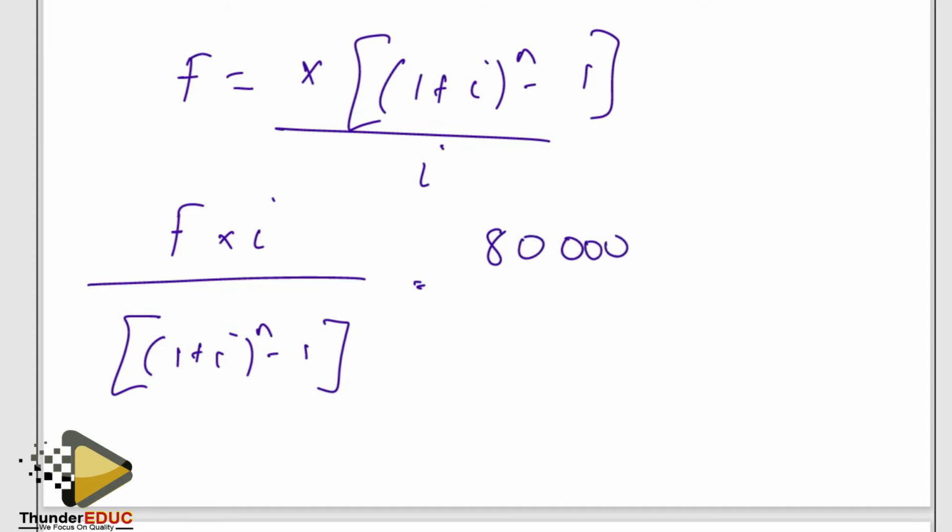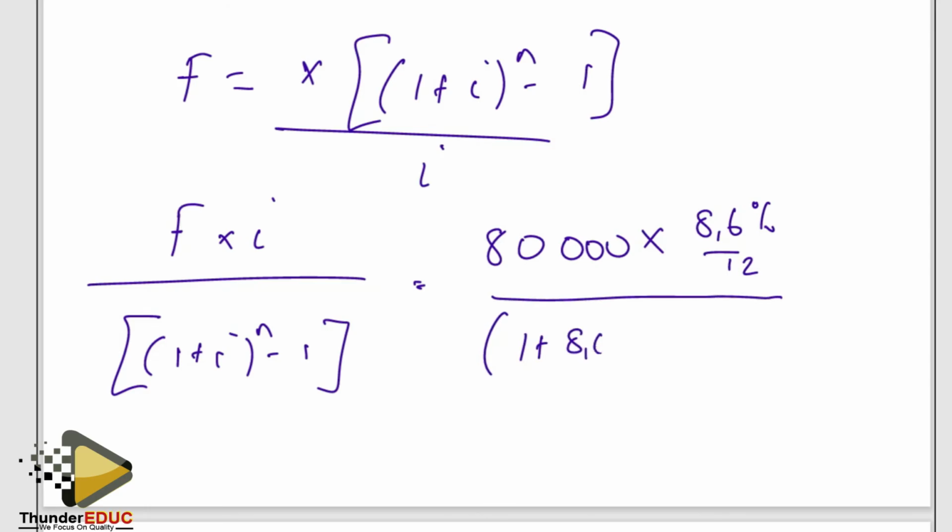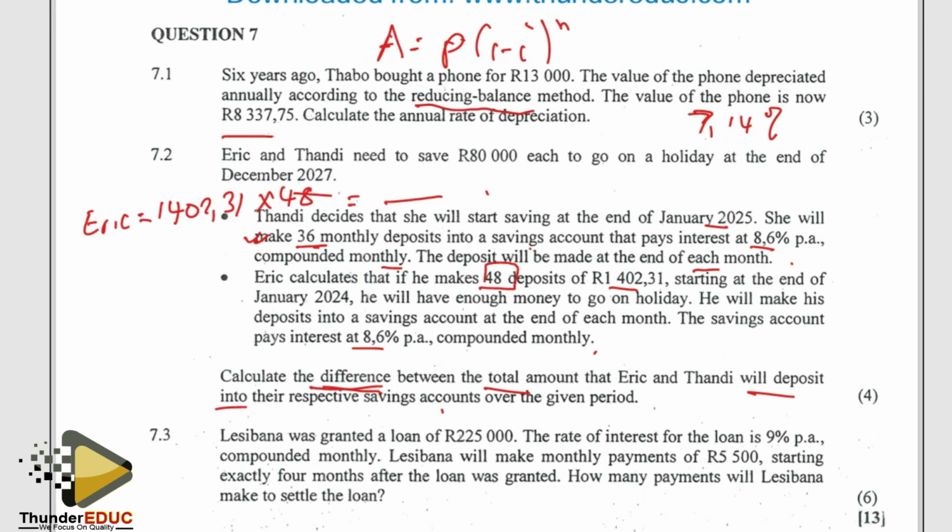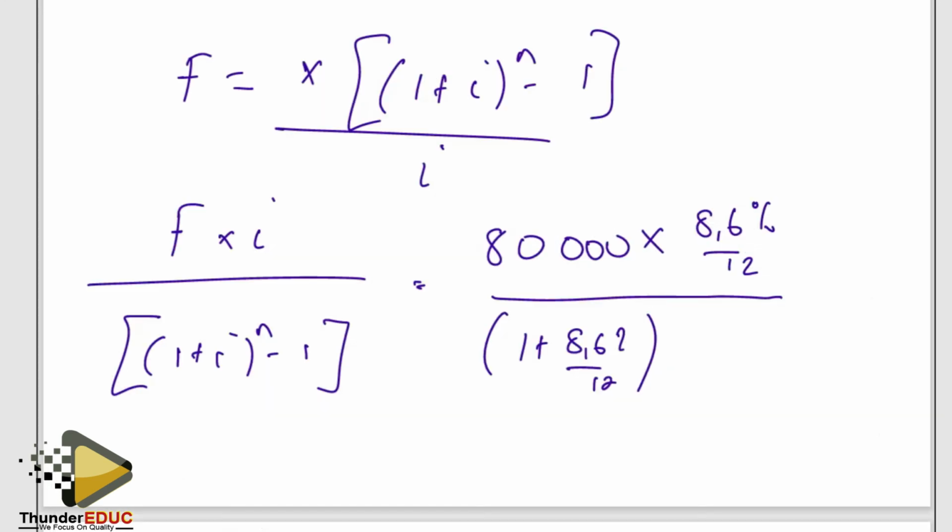How much is needed? It's 80,000. The interest rate is 8.6% compounded monthly, so it's 1 plus 8.6% monthly to the exponent of Tandy's n, which is 36. That's correct. To the exponent of 36 minus 1.